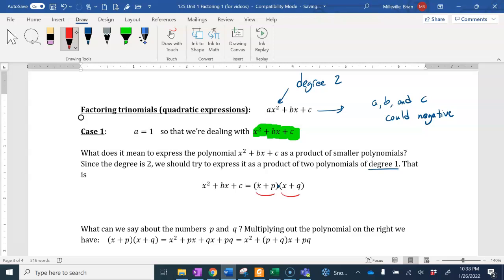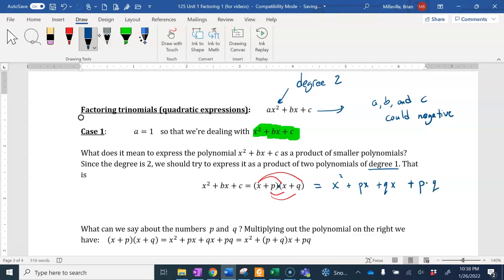When we distribute, we multiply each term in the first polynomial by each term in the second polynomial. That means x times x, x times q, p times x, and p times q. Writing out those terms, we get x squared plus px plus qx plus pq.